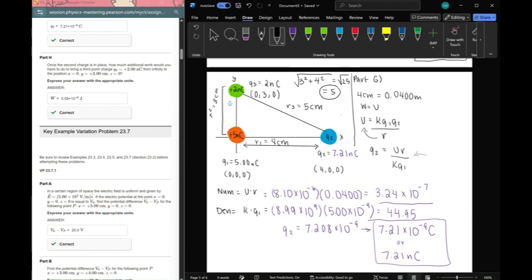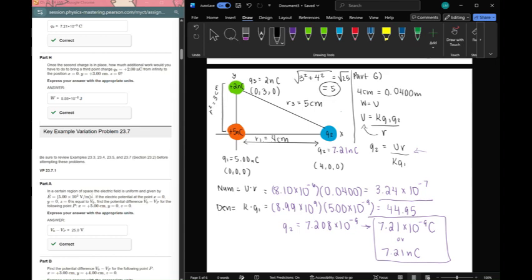So what we are trying to do is, since the third charge starts from infinity, the initial electric potential energy is 0 as well. The work required to bring it equals the total of the electric potential energy between Q3 and the two other charges that we already know.